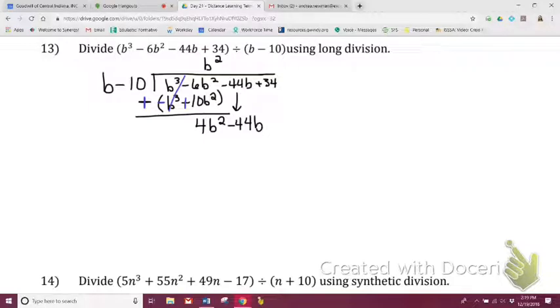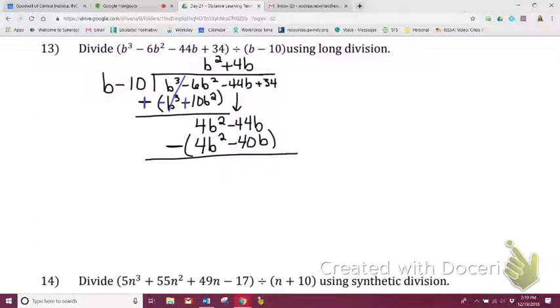Repeat the process. What times b gives you 4b squared? Positive 4b, and then I'm going to multiply. 4b times b is 4b squared. 4b times negative 10 is negative 40b. Then we're going to subtract.